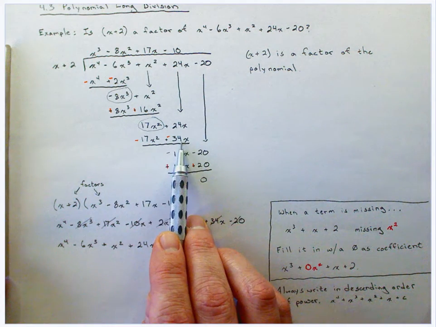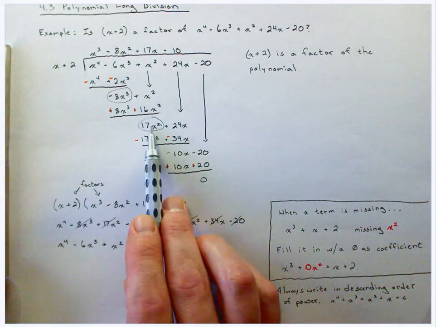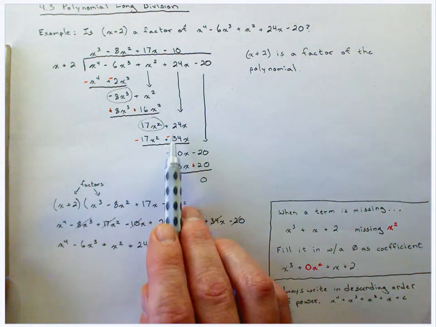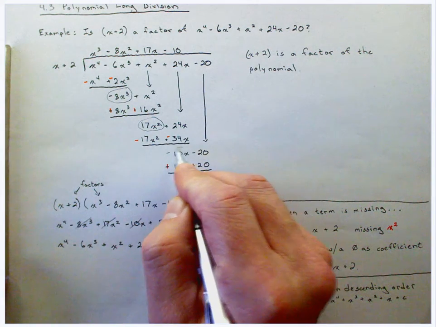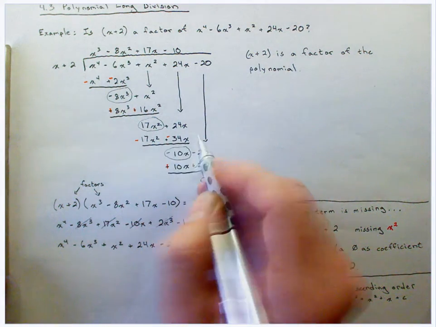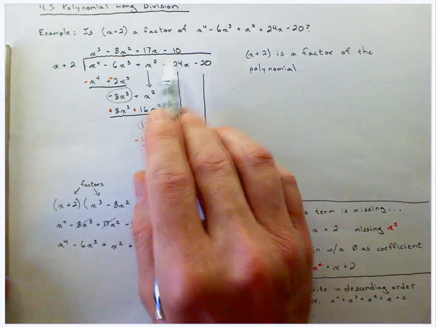This is what I end up with. I am subtracting, so I flip the signs of each one. Gives me a 0. And then here gives me a -10x. Again, this is the term that's going to dictate what I do. I look at this and say, okay, what times x can give me a -10x? Well, a -10.